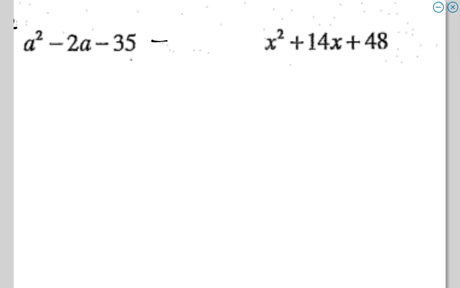So something times something is negative 35, and something plus something is negative 2. You have to take the sign with you, or else it won't work out. Now you have to remember your rules for multiplying integers.